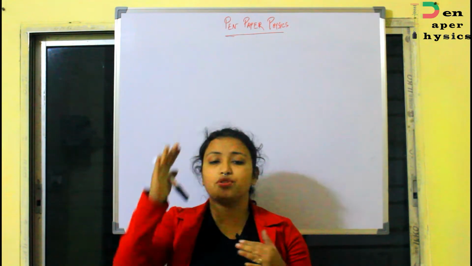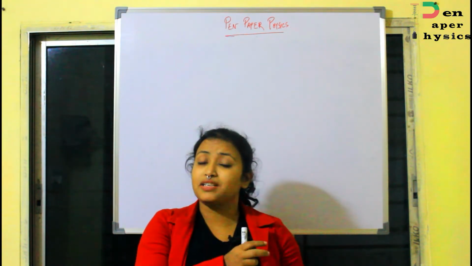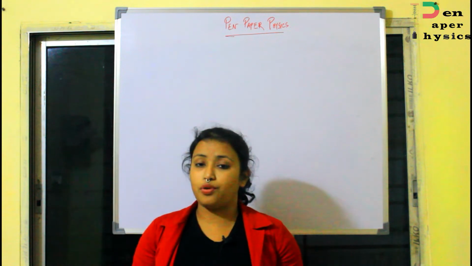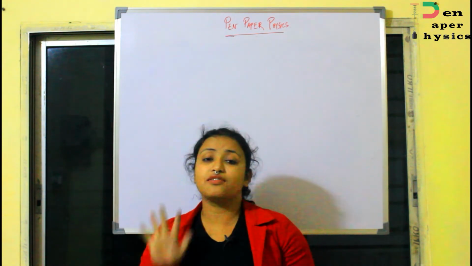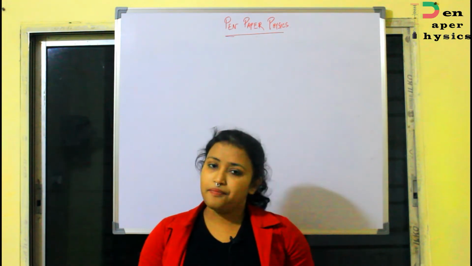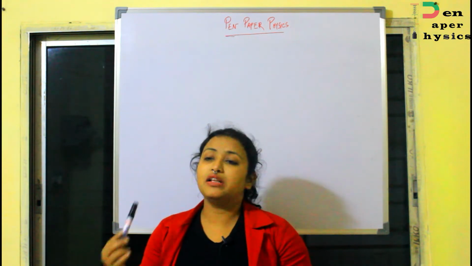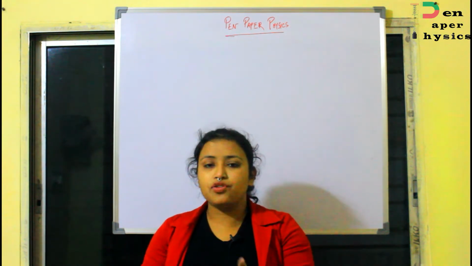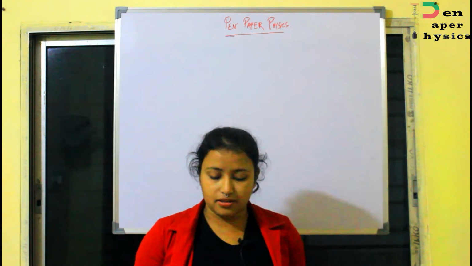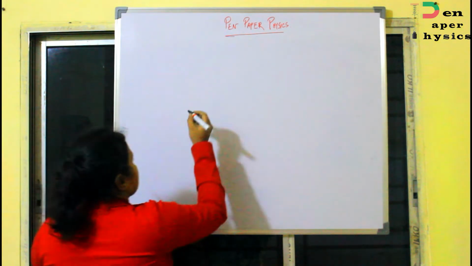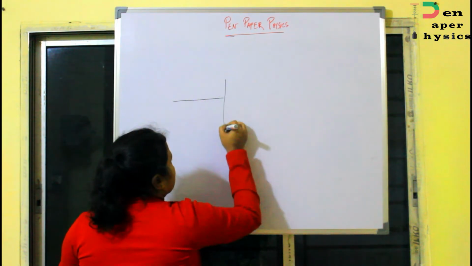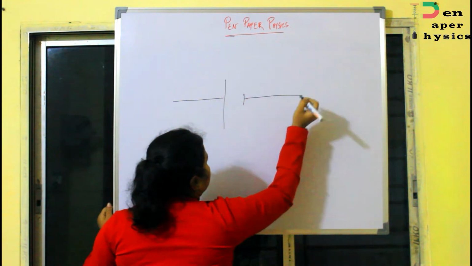Now we will relate the analogy that we have learnt back to the previous case, where the ball automatically flows from a higher potential to a lower one, but from lower to higher it needs a driving force to move. Now we will understand the same thing in the case of current. Suppose we have the two terminals of a battery.